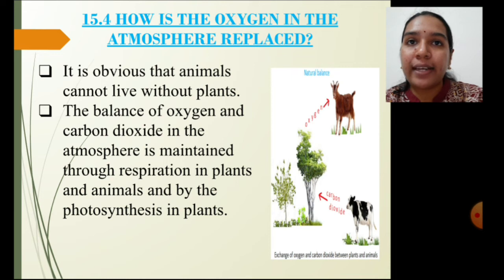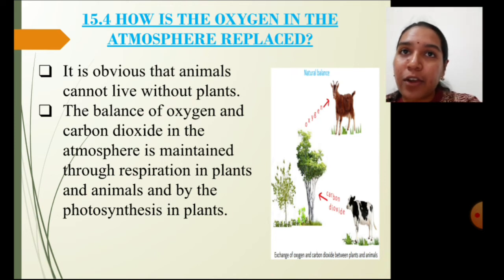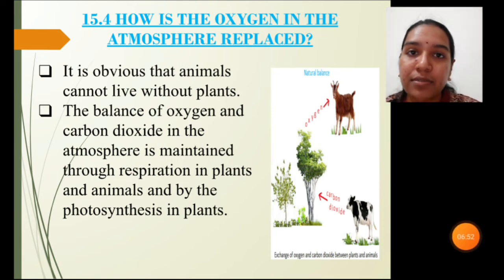So it is clear that animals are completely dependent on plants for oxygen, without which they cannot live. And it is also clear that plants are dependent on animals for carbon dioxide for photosynthesis, without which the plants can also not live.